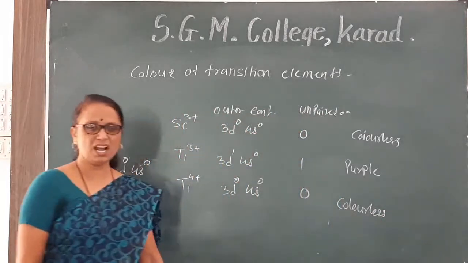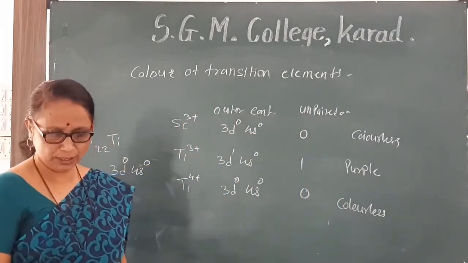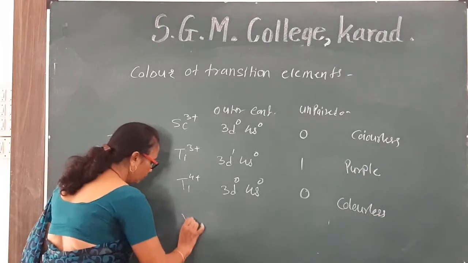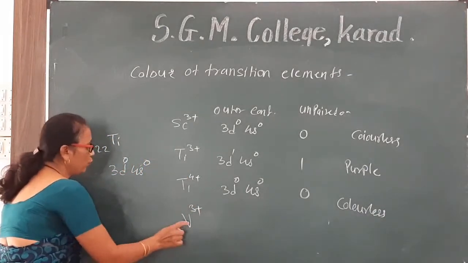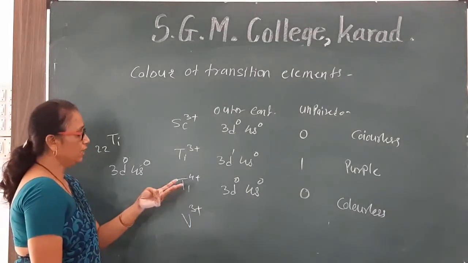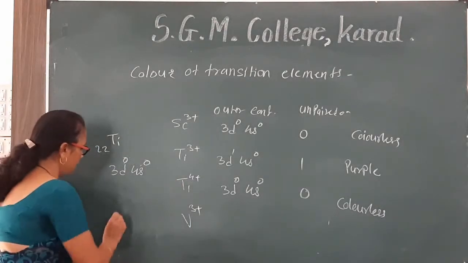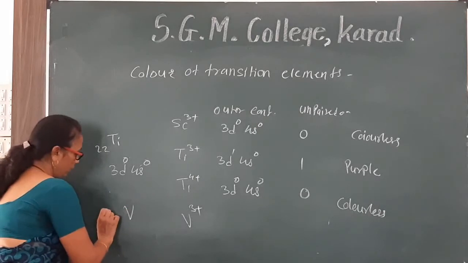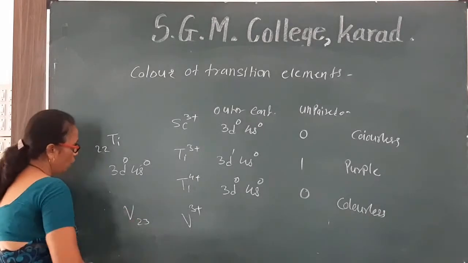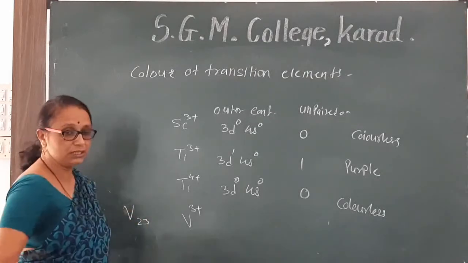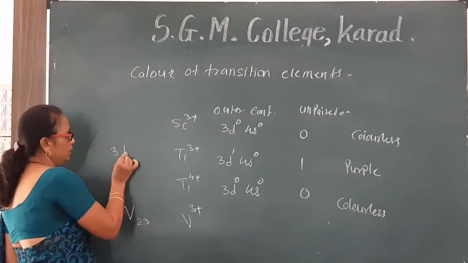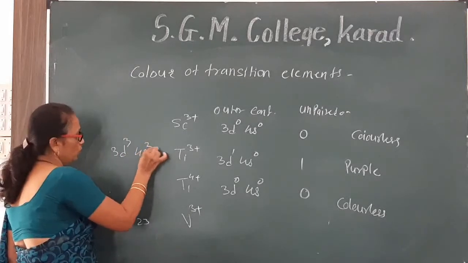If we consider another, that is vanadium 3+. What is the atomic number of vanadium? Vanadium atomic number is 23. What is the electronic configuration? As atomic number is 23, it is 3d3 4s2.